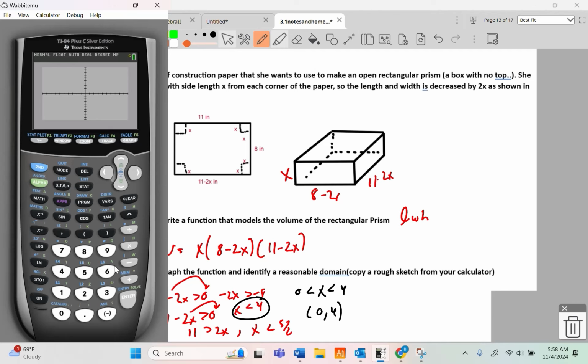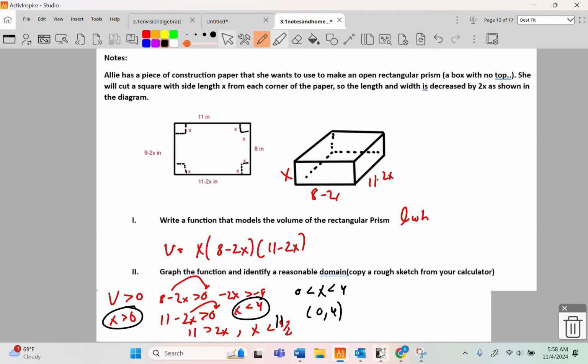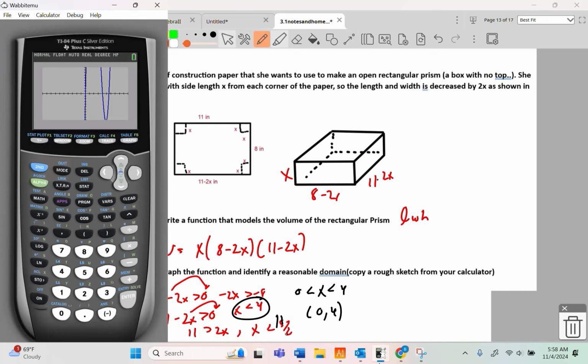And you'll see I just found your x-intercepts to some degree. There's one at 0, 4, and 11/2. I don't know why I said 5/2, that's 11/2. And those are your x-intercepts. I only want the stuff that's above the graph.